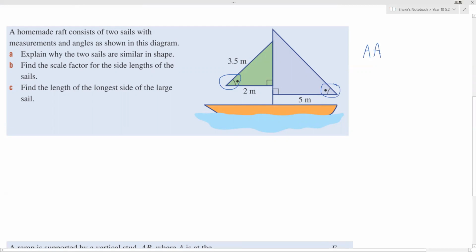So we have an A, and you also have a right angle. And so you have 3 angles which are equal. And therefore, we can say for sure that these 2 triangles are similar.